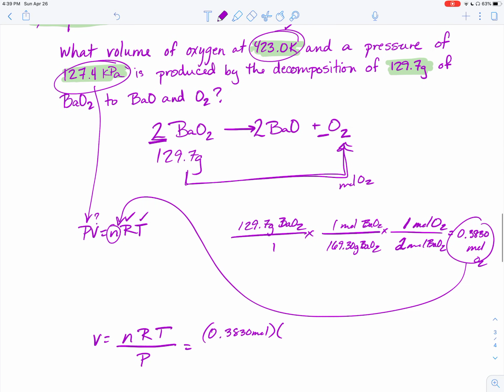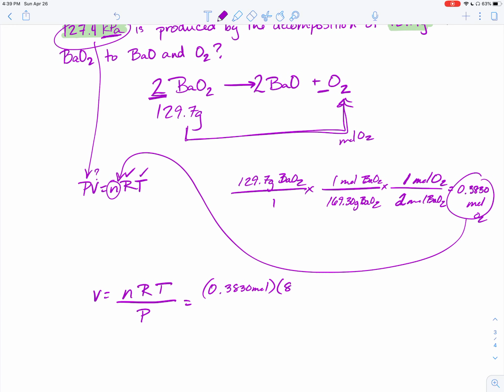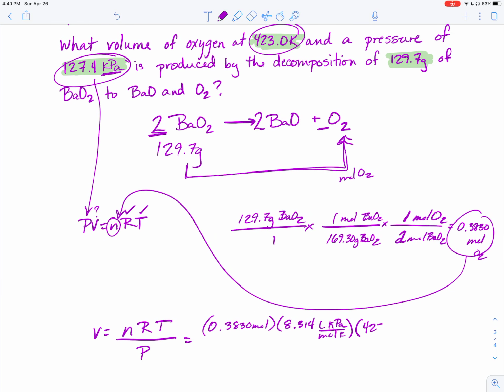times, and let's look at what our R should be. Since our pressure is in kilopascals, we're going to use 8.314 liters kilopascals divided by mole Kelvin. Our temperature is already in Kelvin, so 423.0 Kelvin, divided by our pressure of 127.4 kilopascals. Let me redraw that line real quick. There we go.